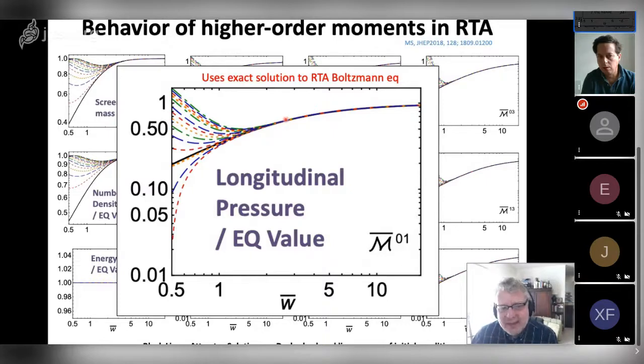As we can see, this approaches 1 as we go forward in time. This is the equilibration of the longitudinal pressure, the isotropization of the system. And as we saw before, if we vary around the initial condition, they collapse to this black line that's hiding underneath.